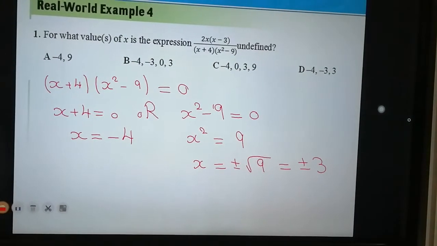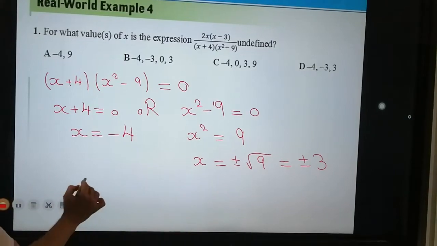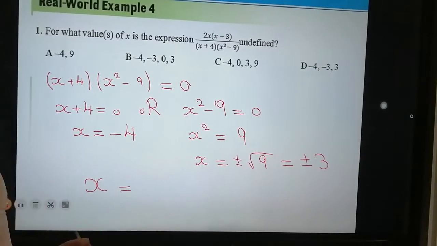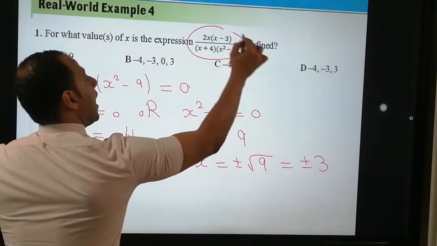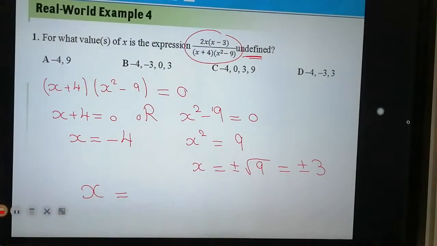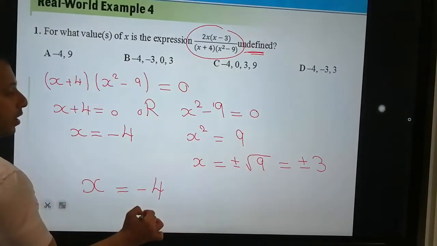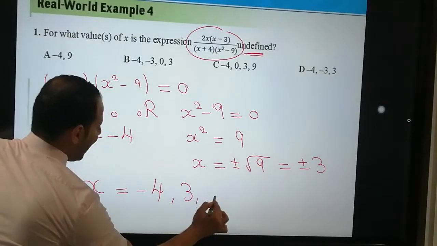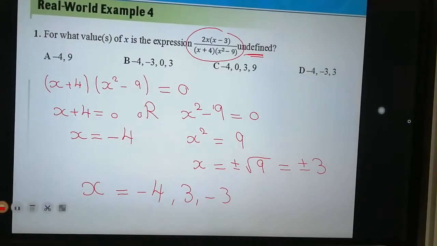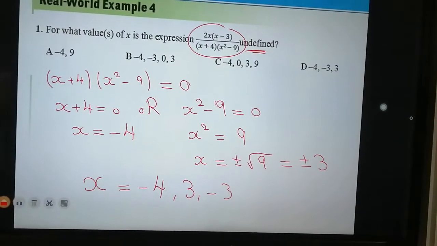So we have three values that make this expression undefined: -4, 3, and -3. So we choose letter B.